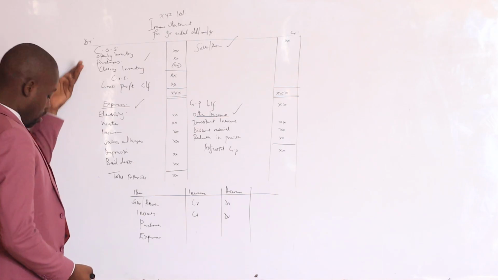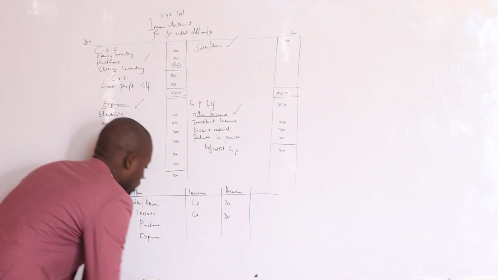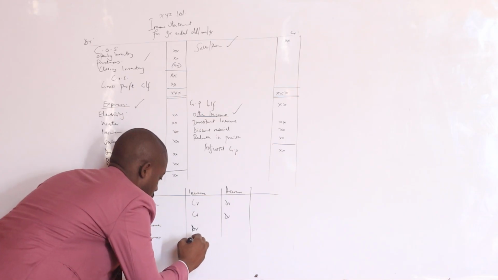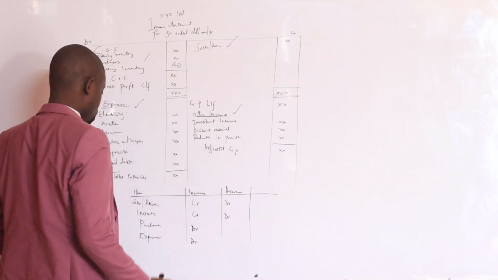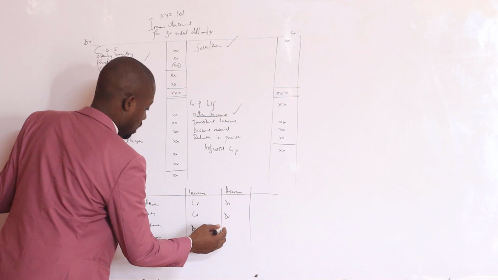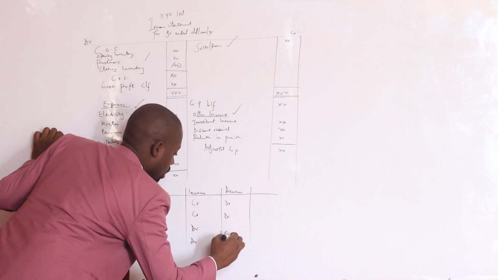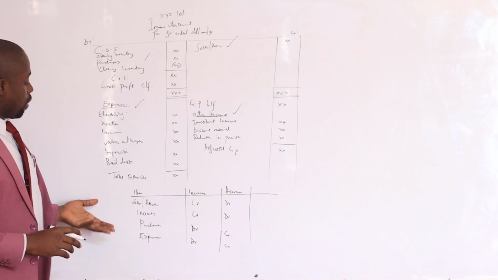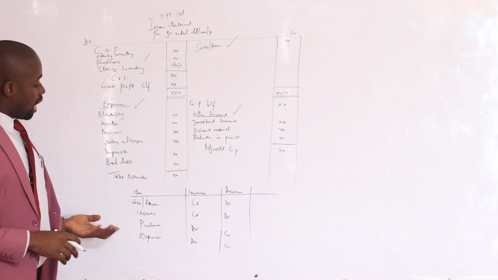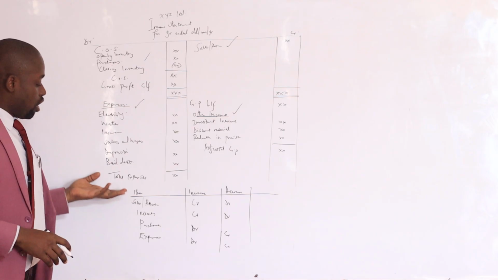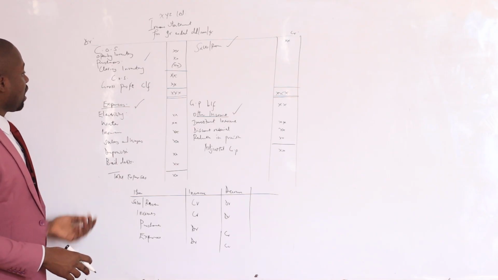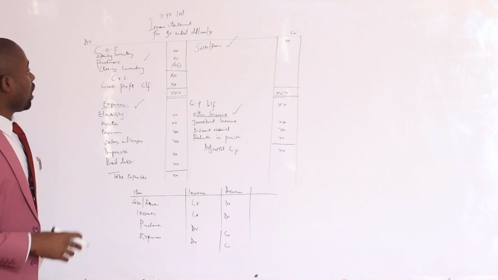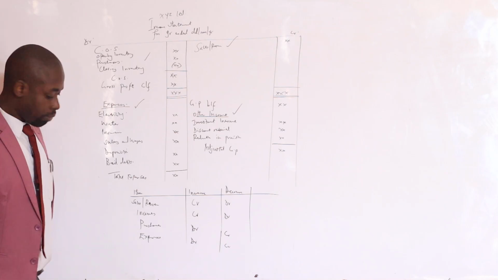Where do they feature? On the left hand side. So when they increase, we debit. When they reduce, we do the contrary. That is crediting. So that's how we get to understand how to deal with each of these when there's an increase or a decrease in either of them.